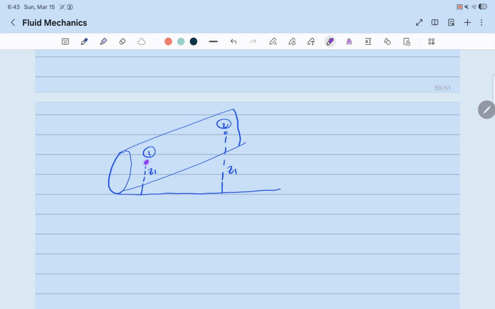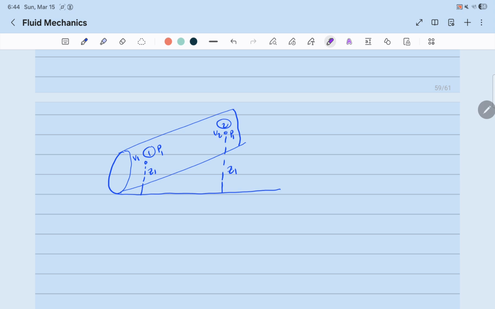We're going to assume these points to be very small molecules of fluid. Each molecule has a different velocity, V1 and V2, and a different pressure, P1 and P2. Now, Bernoulli's equation also states that the total energy at this point must be equal to the total energy at that point. And the reason behind that is because of the conservation of energy.